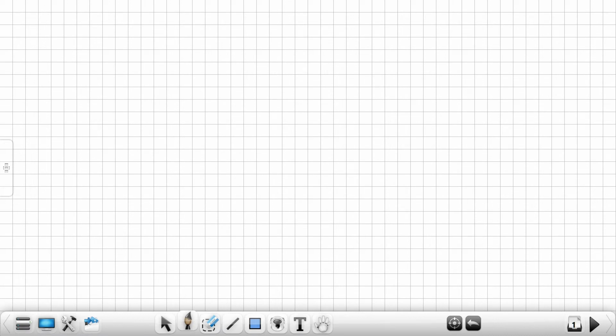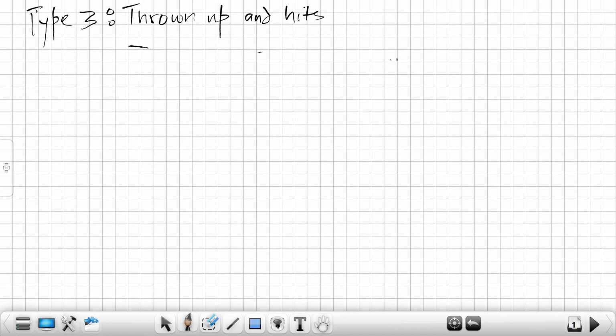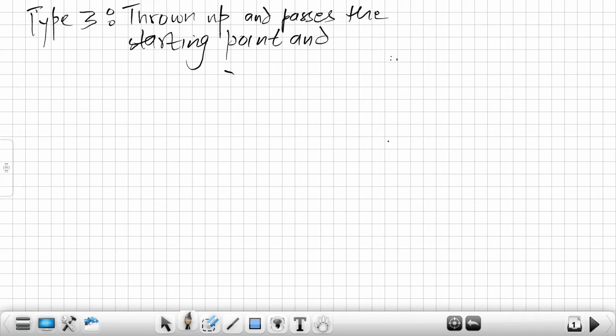But one will ask, what is type 3? Type 3 is when you have a situation where your projectile is thrown up, passes the starting point, and eventually hits the ground.